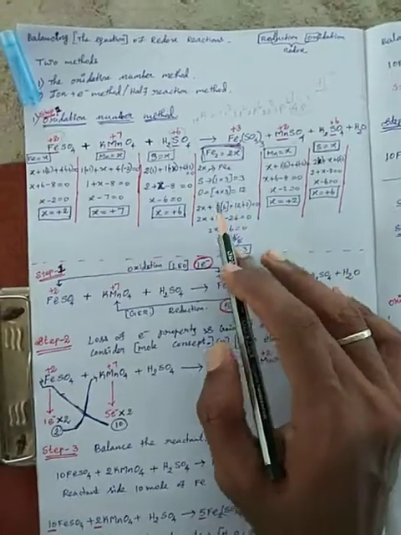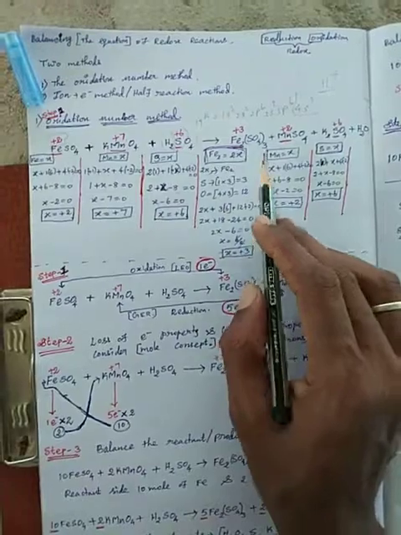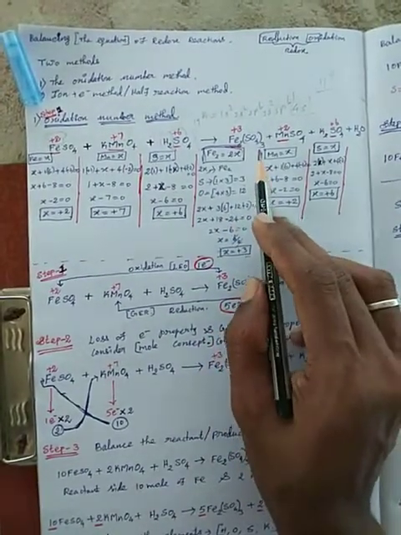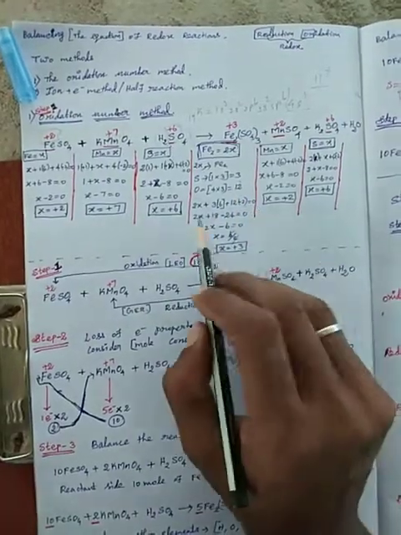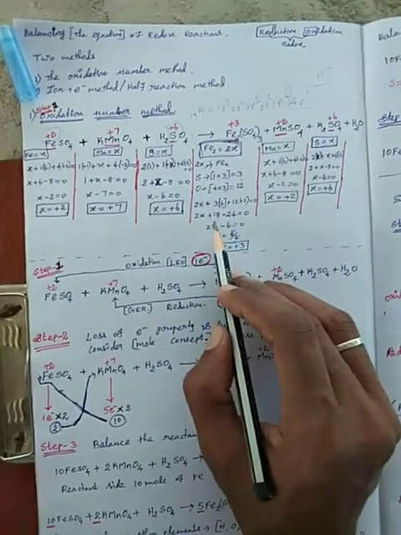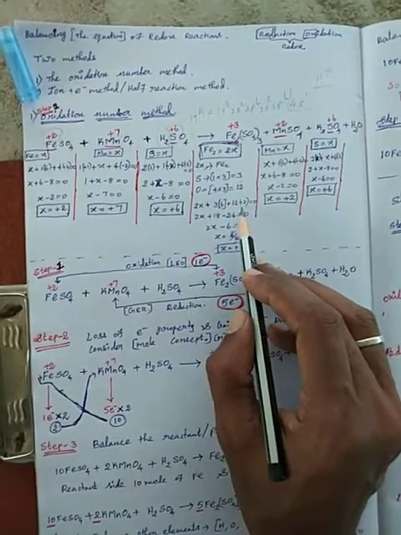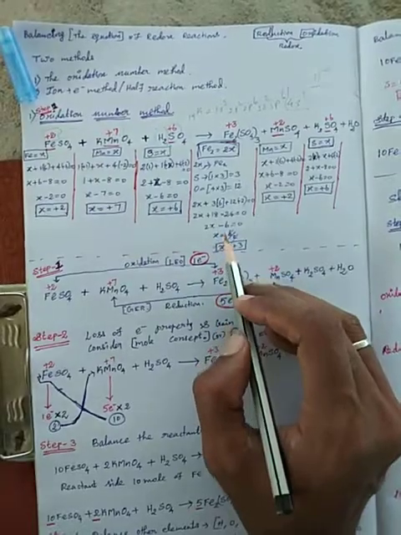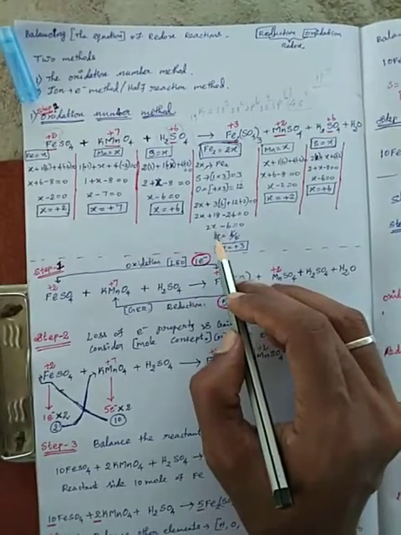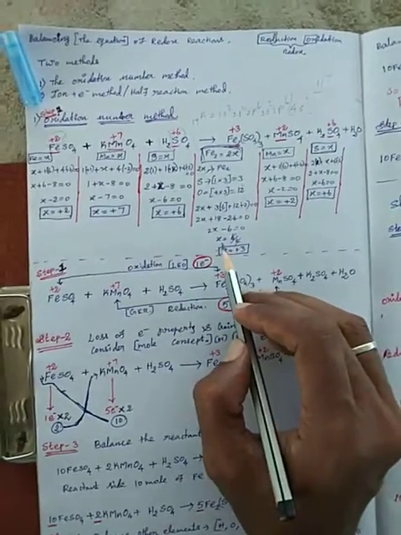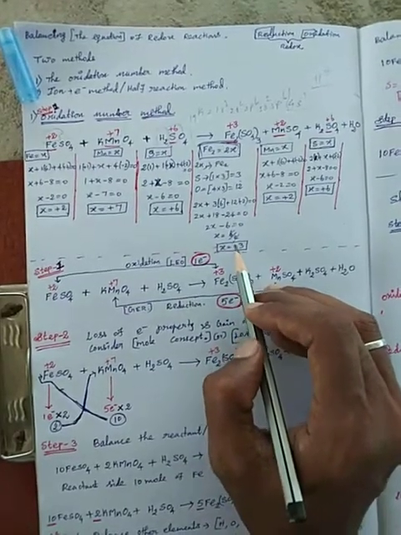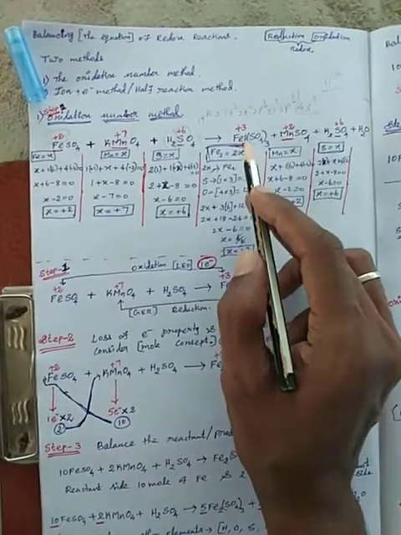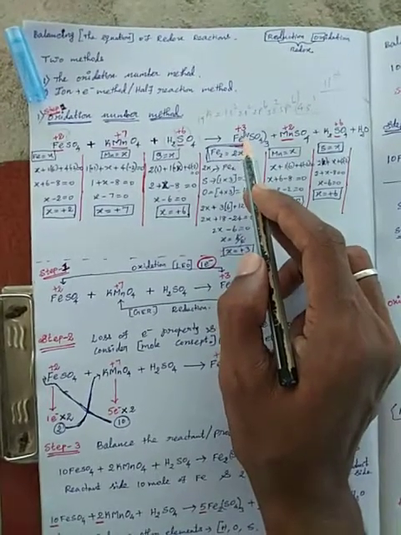You apply the formula: 2X plus 3 into plus 6, plus 12 into minus 2, equals 0. 2X, 3 sixes are 18, and 12 into minus 2 is minus 24. So minus 24 plus 18 is minus 6. 2X minus 6 equals 0, X equals 6 by 2, X equals plus 3. So Fe in the product part has oxidation number plus 3.